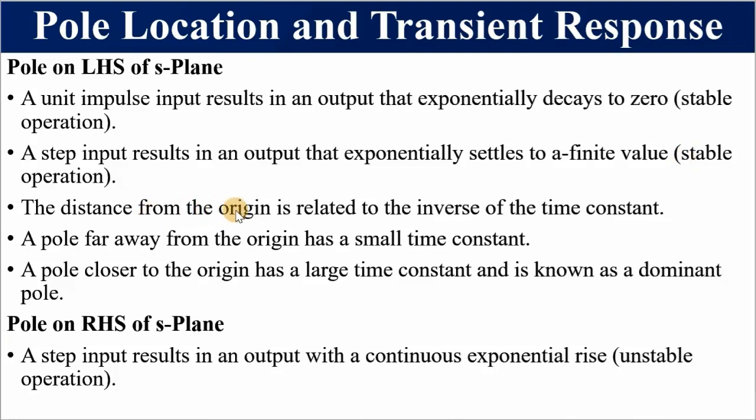The distance from the origin is related to the inverse of the time constant. Don't worry, we'll be revisiting the time constant. When you remember tau, a pole far away from the origin has a small time constant. A pole closer to the origin has a large time constant, and it is known as a dominant pole. Take note of this point. We'll be revisiting it in more detail in slides ahead and also in lectures ahead.